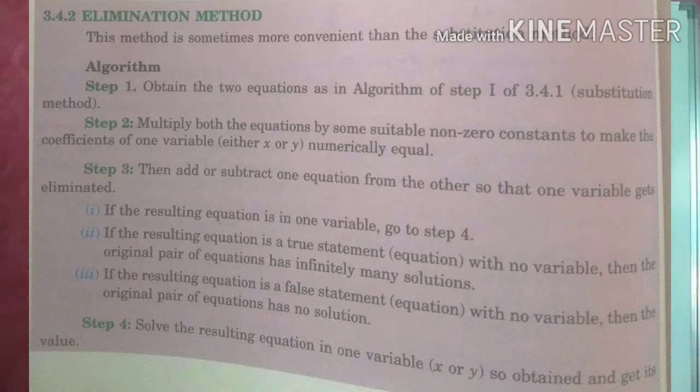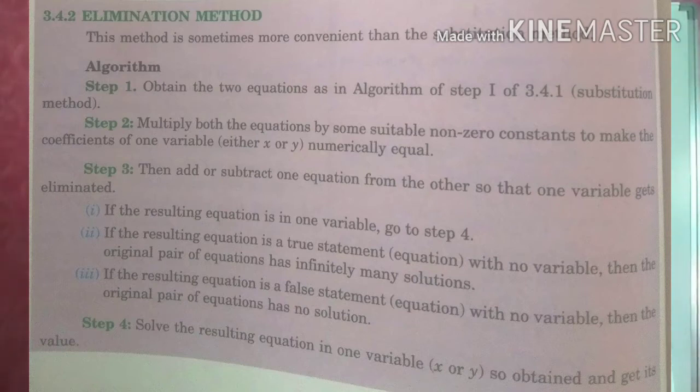Out of the two variables, the coefficients of any one variable have to be made equal by multiplying by a suitable number. Understood, student? We have to make the coefficient of any one variable equal by multiplying by a particular number.